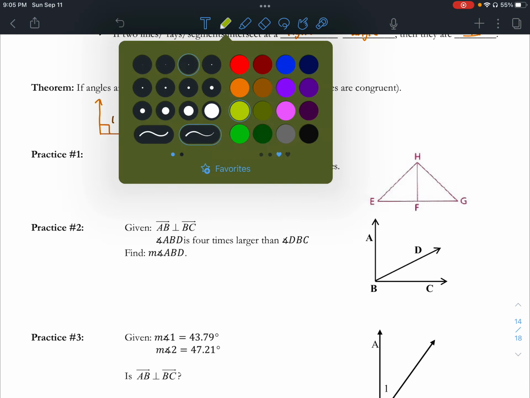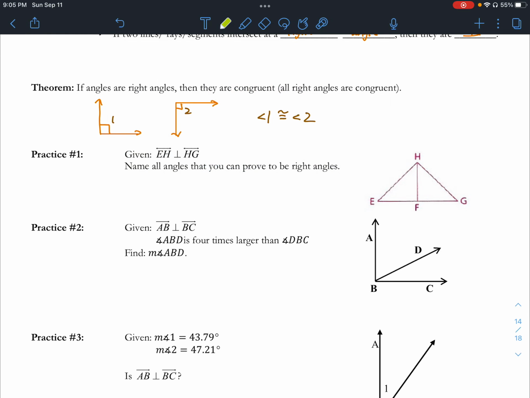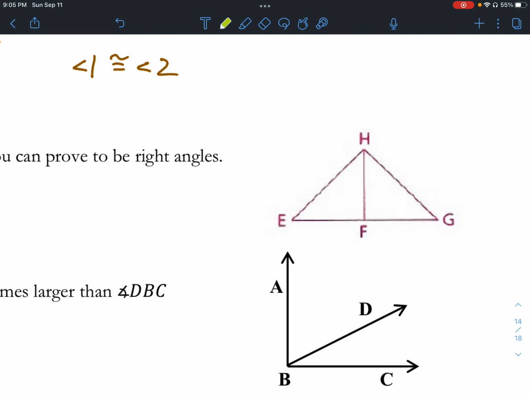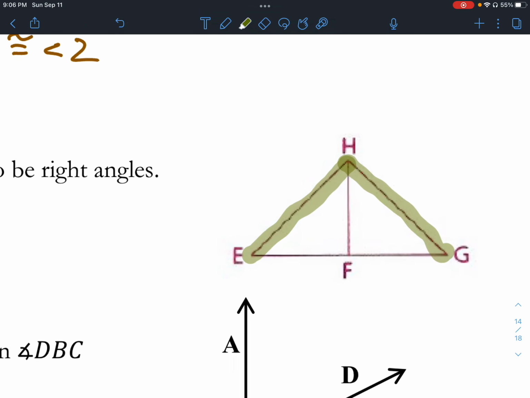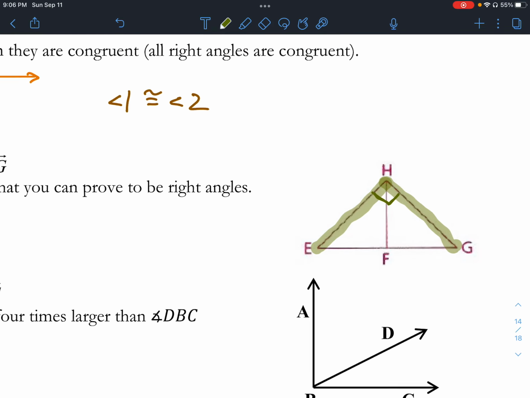But check this out. This is where things can get a little confusing for you. Practice number 1 says given EH is perpendicular to GH, or HG. Be careful what we're talking about. EH is perpendicular to HG, which means that in this little diagram, I can mark that these angles right here are perpendicular.